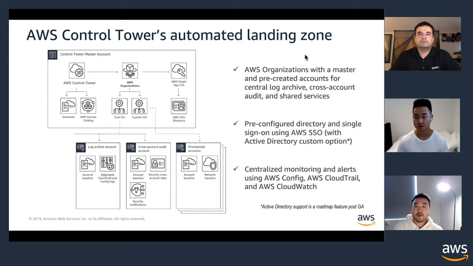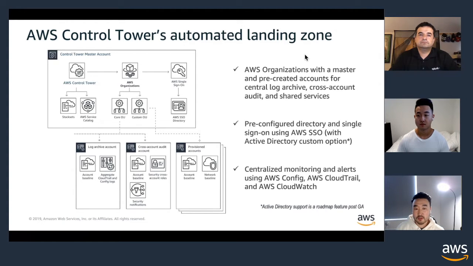And the last couple of items that I want to cover with Control Tower: first is the idea of the automated landing zone. This is the pre-configured account blueprint, so to speak. And on the diagram you see there, the core components of the landing zone are the core OU and custom OU.